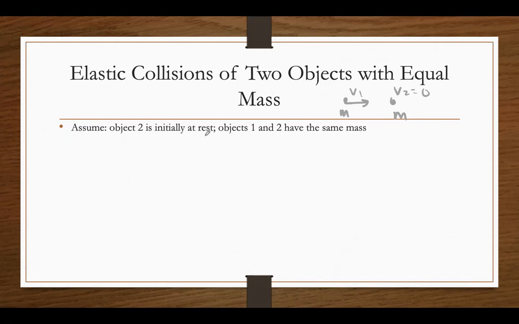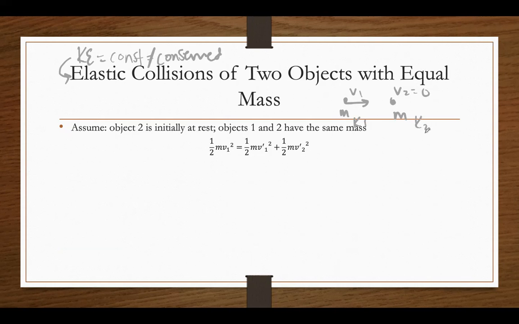So we will need some equations to describe this motion for an elastic collision. In an elastic collision, remember that our kinetic energy is constant, or conserved. Before our collision, we have two kinetic energies, K1 and K2.